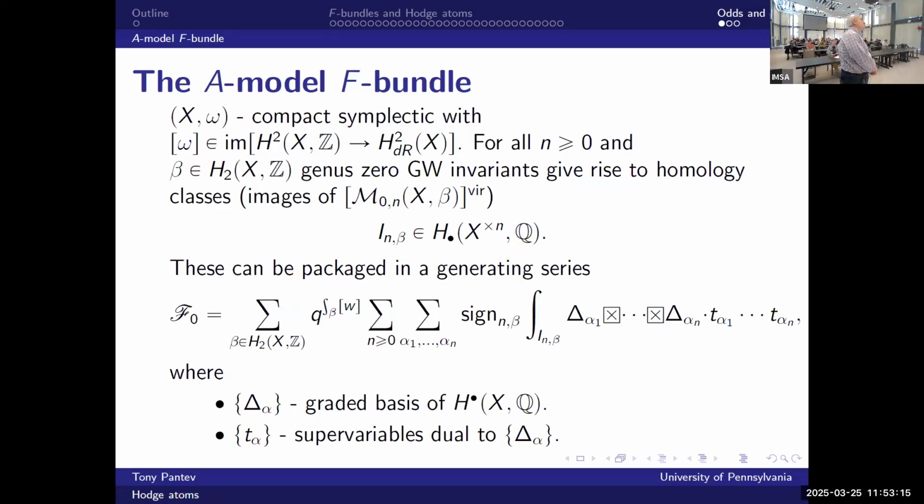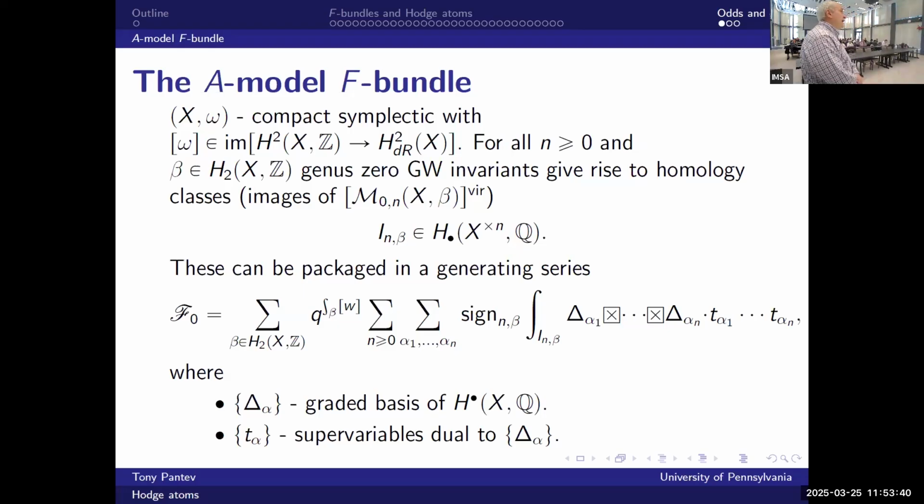So if you have one of those forms, then for any curve class, for any degree 2 homology class, we get genus 0 Gromov-Witten invariants. They correspond to the images of some virtual class on the moduli space of genus 0 curves with n marked points in the homology class beta.